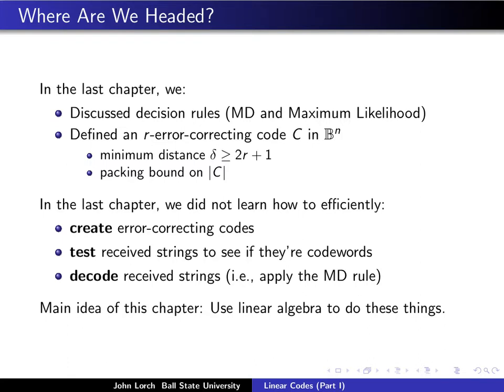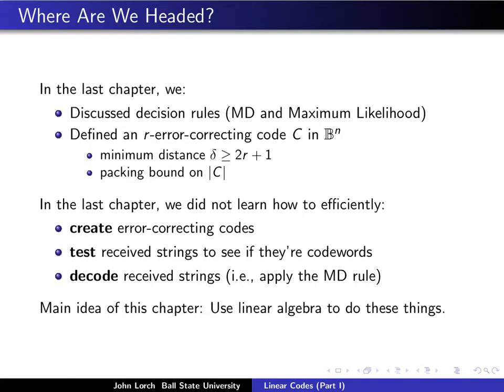And we didn't learn how to efficiently decode received strings. That is, how to efficiently apply the minimum distance rule, again, without having to compare to every single code word.